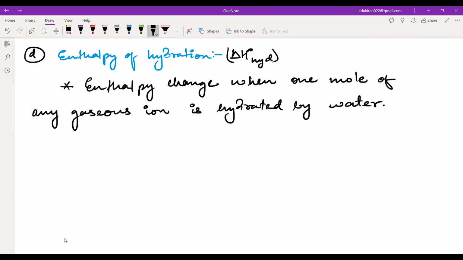Okay, gaseous ion is hydrated by water. So for example, if you have sodium positive and I surround this by water, then the oxygen, which has lone pair, will be attracted to the positive part, and then there will be some interaction going on here, and this will lead to some enthalpy change.